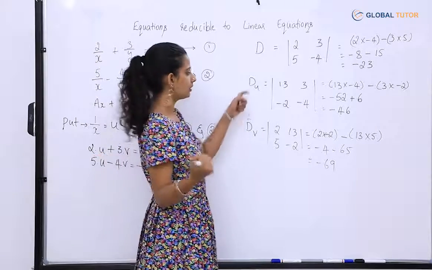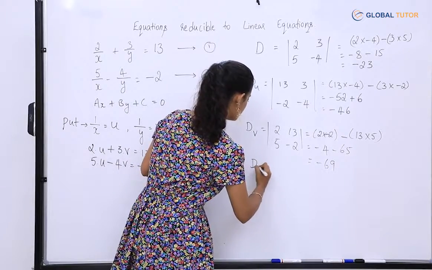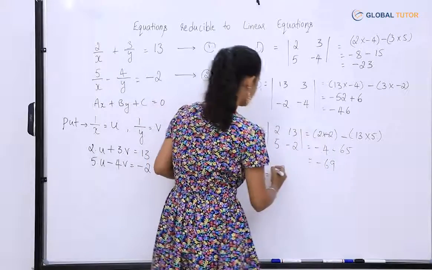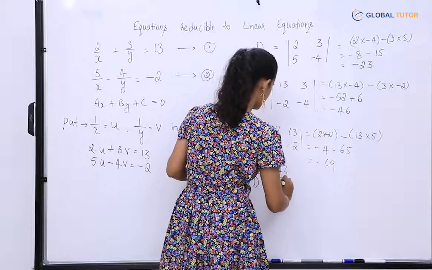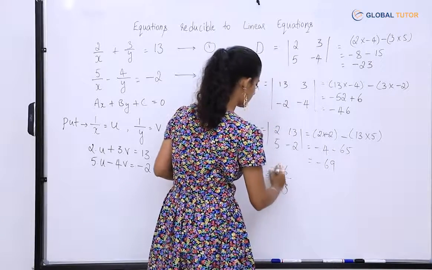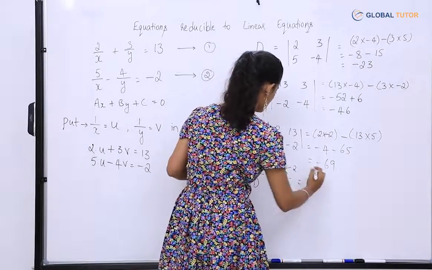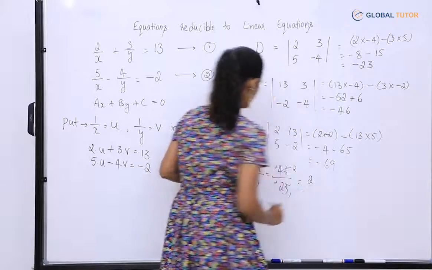So now to find out the value of u, we will do Du divided by D, which is minus 46 divided by minus 23. Here minus and minus get cancelled, 23 ones are 23, 23 twos are 46. So u value will be 2.